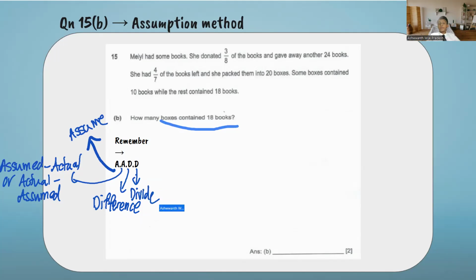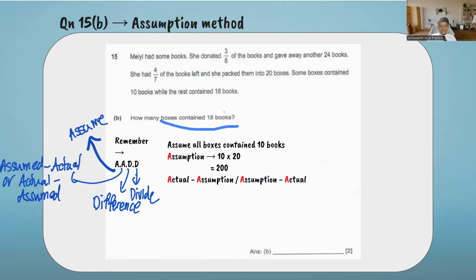So let's go through the process. Let's assume all boxes contain 10 books. So assumption is 10 times 20, because 20 boxes and each contain 10, 200. Then actual minus assumption, or assumption minus actual.